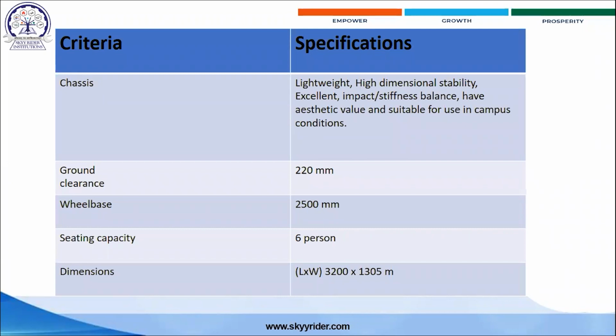So as per our requirement and budget, we have to give a lightweight chassis. Then the vehicle stays lightweight, and our seating capacity and luggage capacity are maintained, along with dimensional stability, excellent impact, stiffness, balance, and aesthetic value suitable for use in campus conditions.